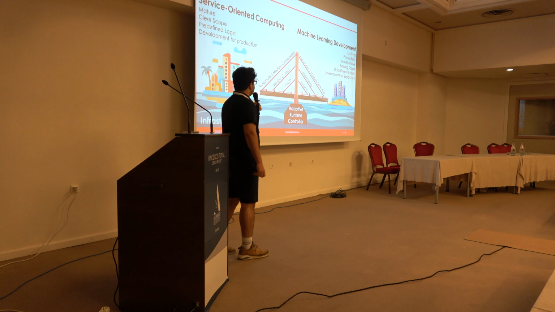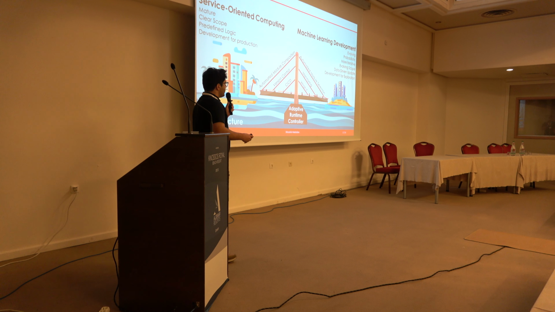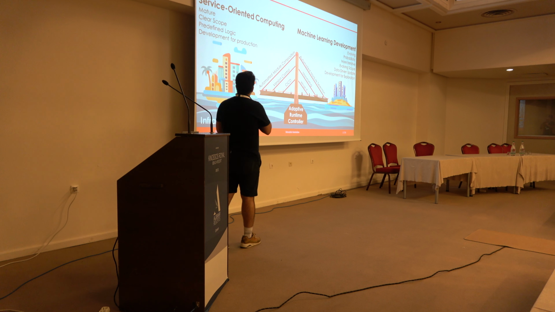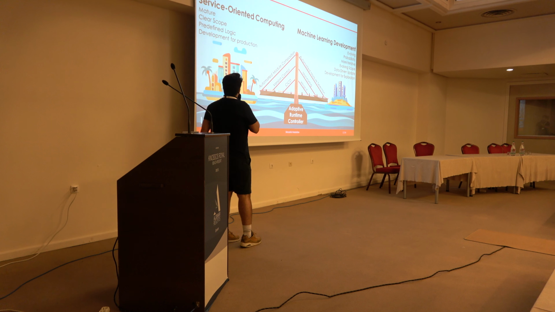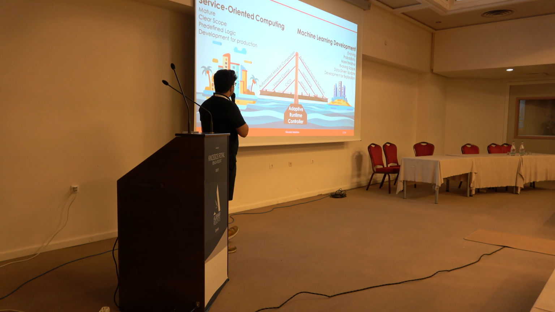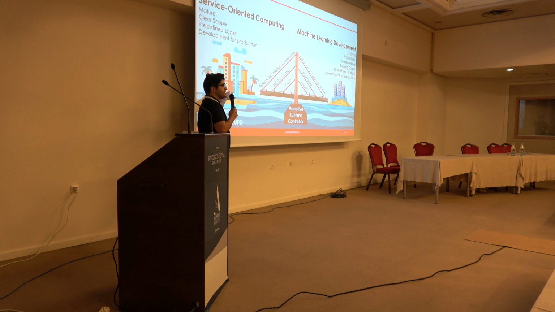All right, with this slide, I want to give an overview of the problem. On the left side, we have service-oriented computing, which is an island that is more mature with more developed buildings. The jobs there have some kind of predefined logic or a clear scope.